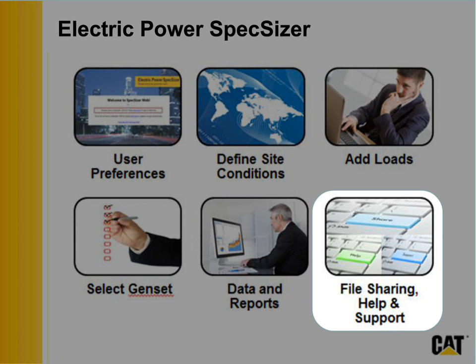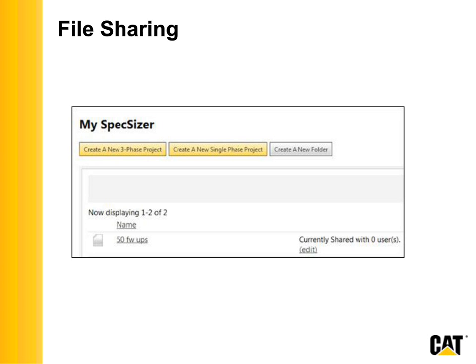So easy enough. What we're talking about now is we've sized our genset. We know how then to access and print our reports. So we're going to talk about how do I share my file with another SpecSizer user. There's really a couple places in the tool that you can do that.